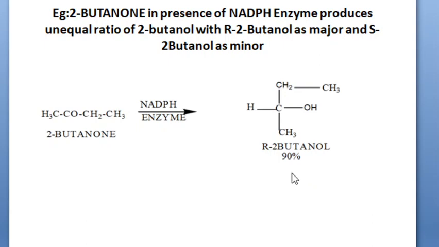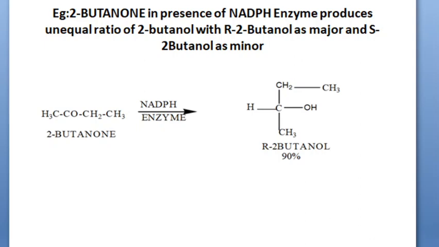And here you got 90% of R-2-butanol. So you classify this as major, and its isomer, S-2-butanol, will become minor. So in any chemical reaction, if one of the stereoisomers is produced majorly, then such chemical reactions are classified as asymmetric reactions or asymmetric synthesis.